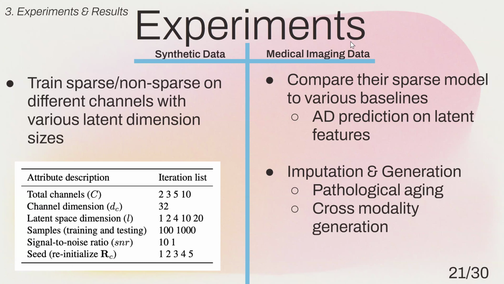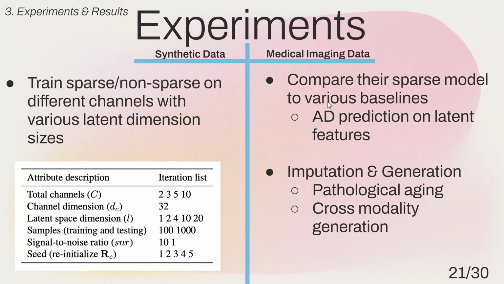And then for the medical imaging data, after they've done this synthetic data, they learned how to train their model a little bit better, like what are good dropout values. After that, they do experiments with the ADNI data set, which is an Alzheimer's data set.